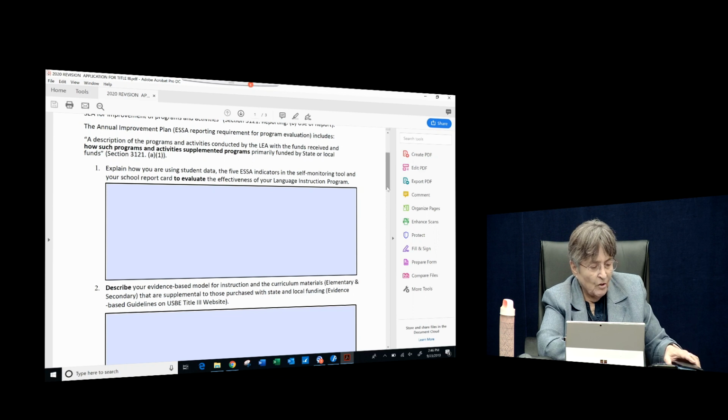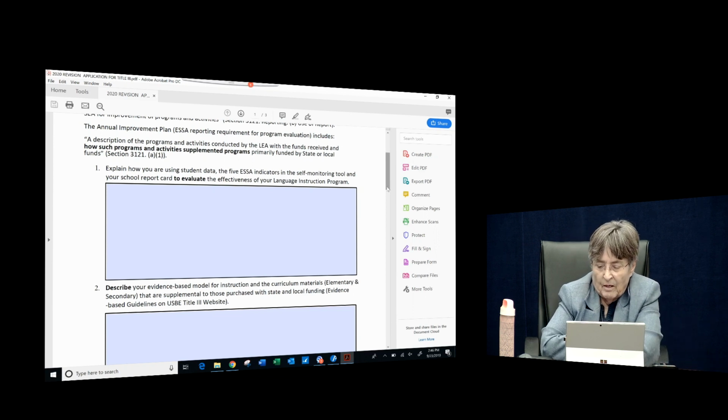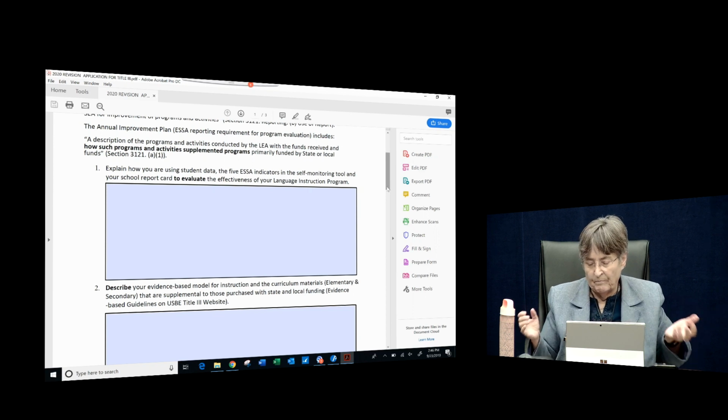So growth toward proficiency is really an important criteria, and they're weighted the same in the accountability system. Proficiency and growth are weighted the same in elementary schools, as well as progress of the lowest 25% of your student population.